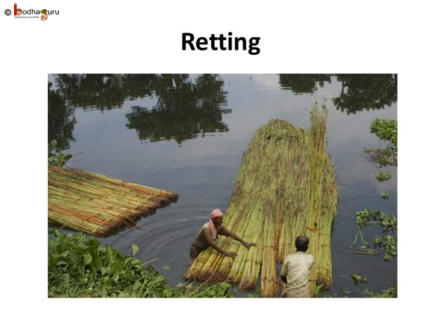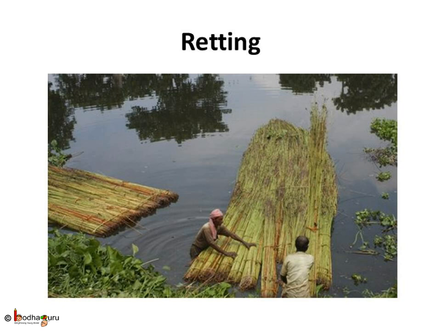We get jute fiber from the stem. After reaping the harvest, stems are dried and tied into bunches. The bunches are sunk into stagnant pond water. During this time, the stems rot and a gummy substance holding the jute fibers together gets destroyed.